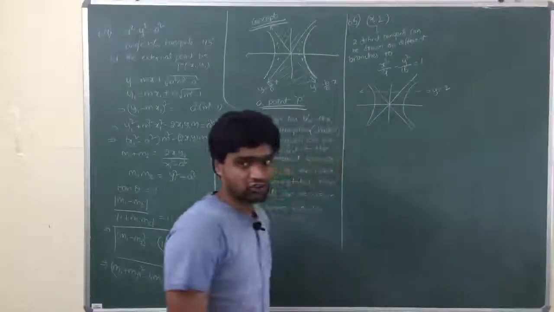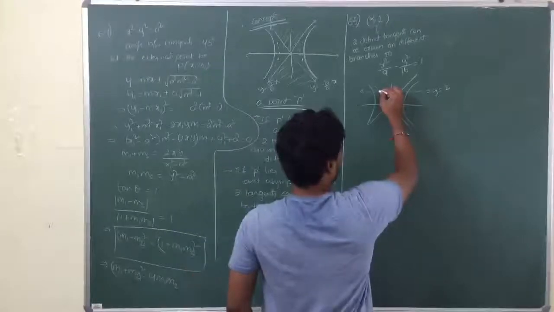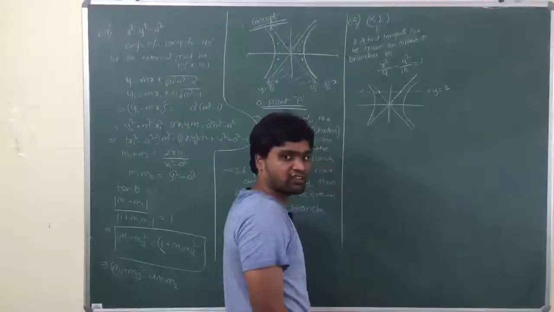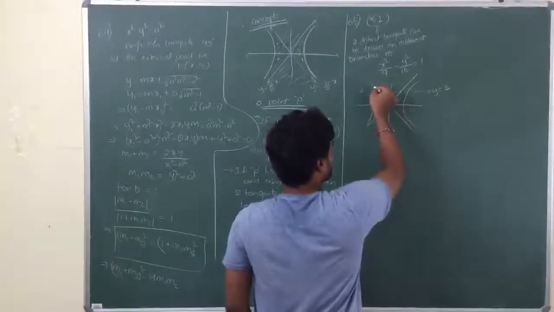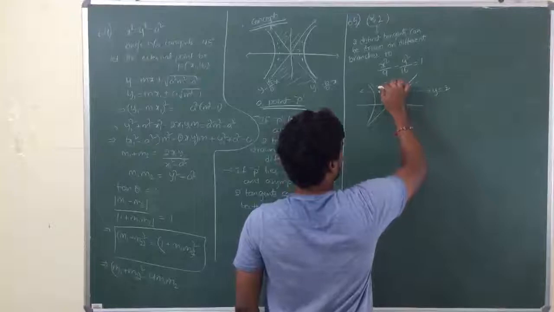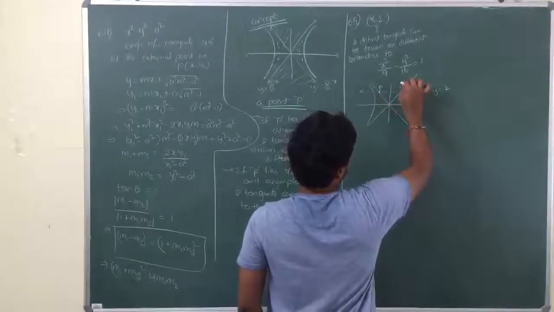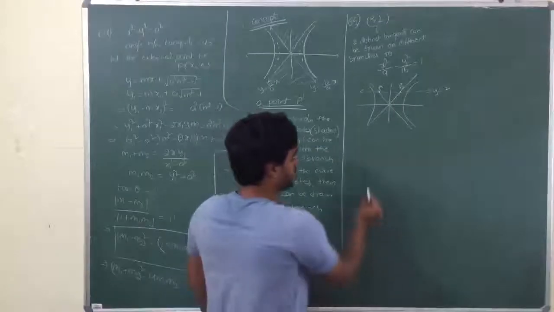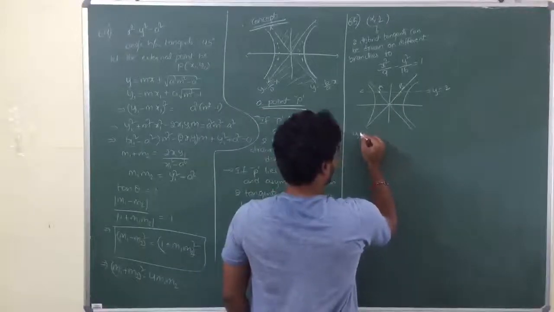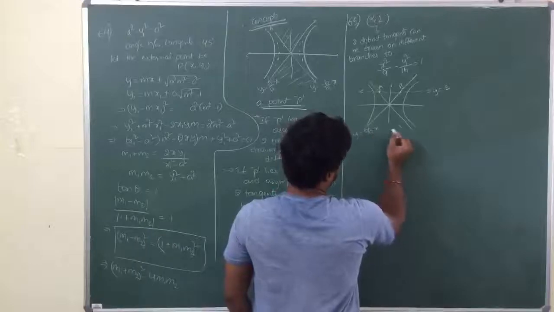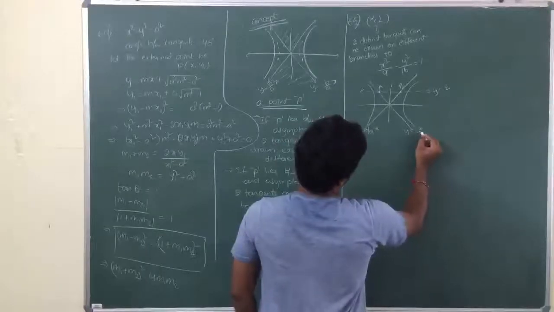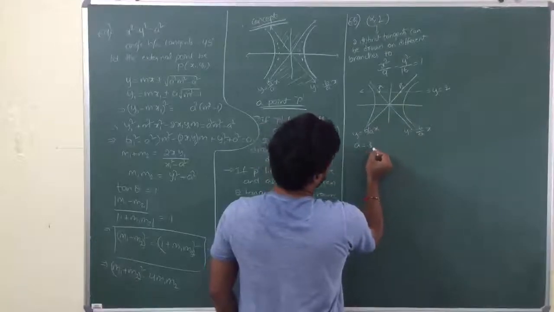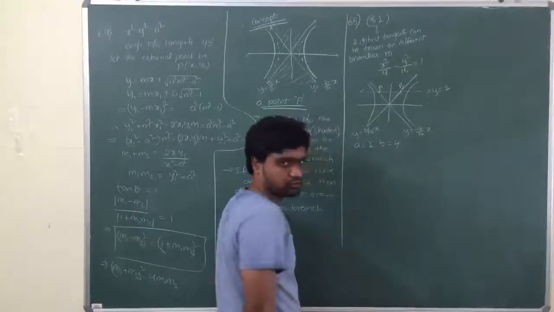The point should lie on y is equal to 2 as well as between these two asymptotes. Suppose this is point A and this is point B. These are y is equal to b by a x and y is equal to minus b by a x. So a is 3, b is equal to 4.